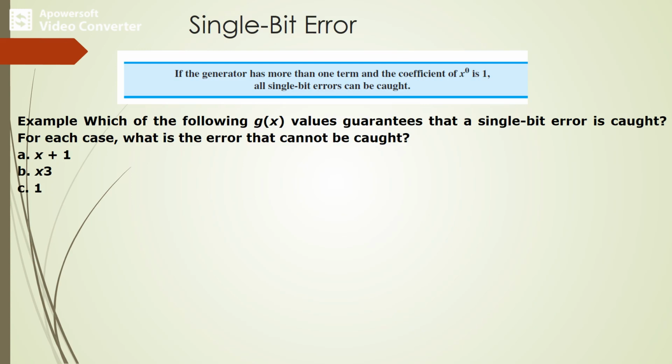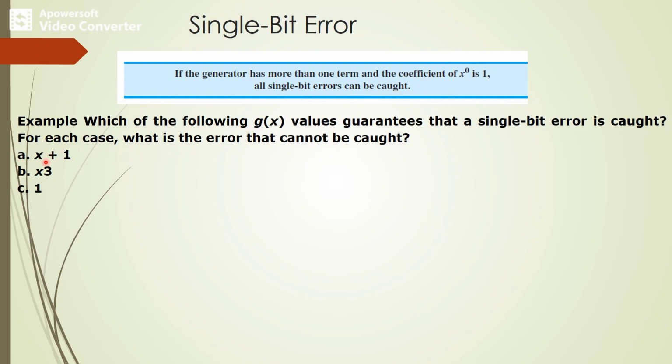Single bit error. If the generator has more than one term and the coefficient of x power 0 is 1, all single bit errors can be caught. We will take one example.